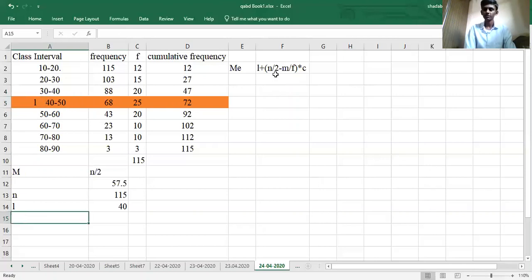What is left now? N divided by 2 we know, 57.5. M is the cumulative frequency of the value preceding the middle class. This is the middle class; the previous cumulative frequency value is 47.